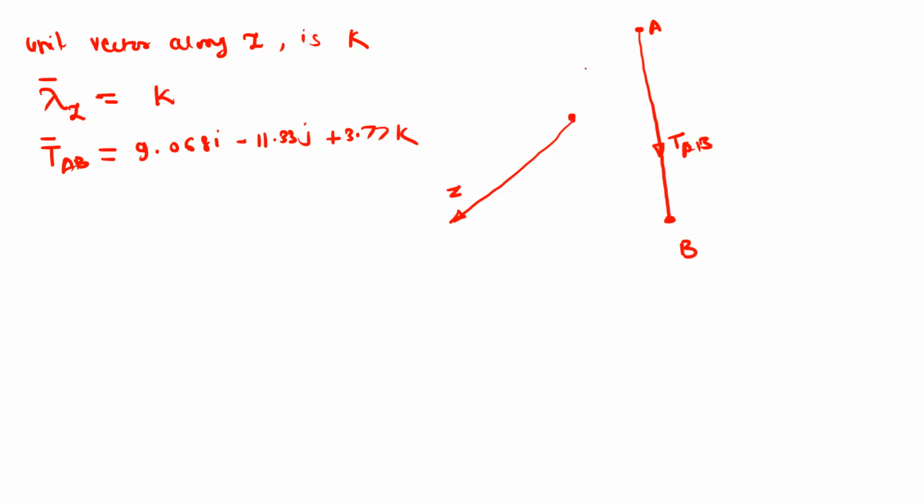Now this is the position vector which joins the moment line and the starting point of the force. This is point O, this is R bar.